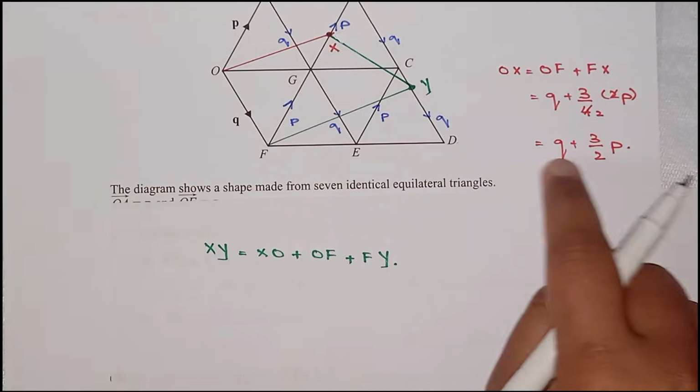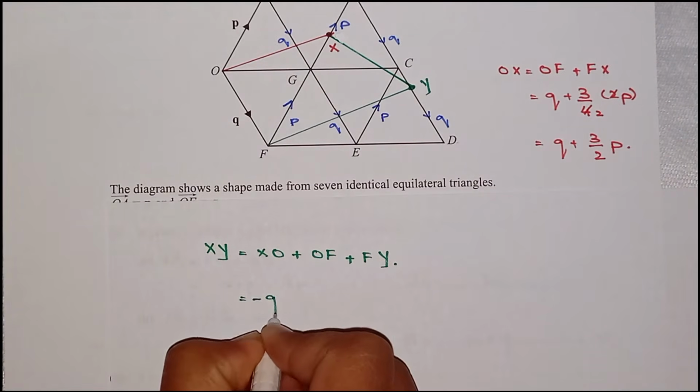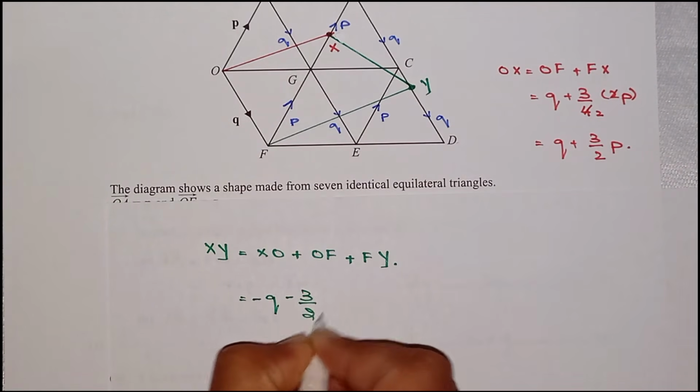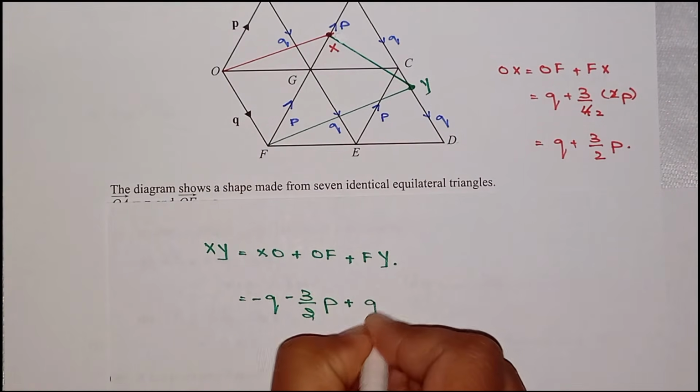OX is this, and XO would be the negative of this. It would be negative Q, negative 3 by 2 P, plus O to F is Q, right?